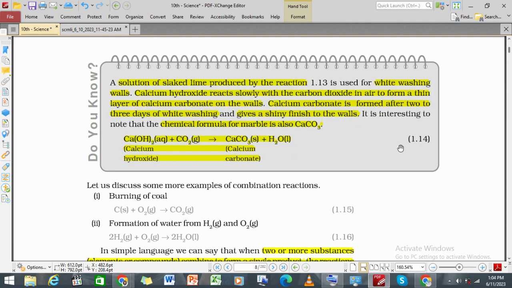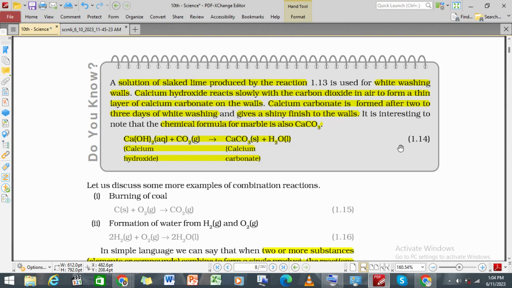Now, calcium hydroxide reacts slowly with carbon dioxide in the air to form a layer of calcium carbonate on the walls. That means calcium hydroxide was there, and now CO2, carbon dioxide, is added from the air. At that time, calcium carbonate is formed on the wall. This calcium carbonate is formed after 2 to 3 days of whitewashing and gives a shiny finish to the wall.